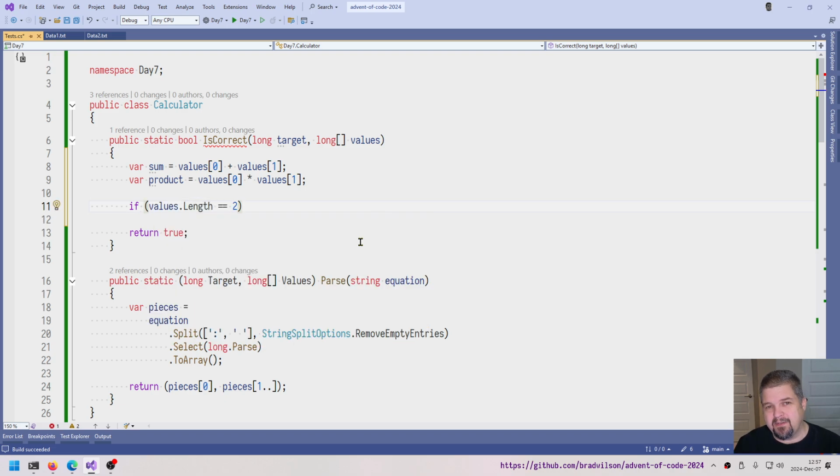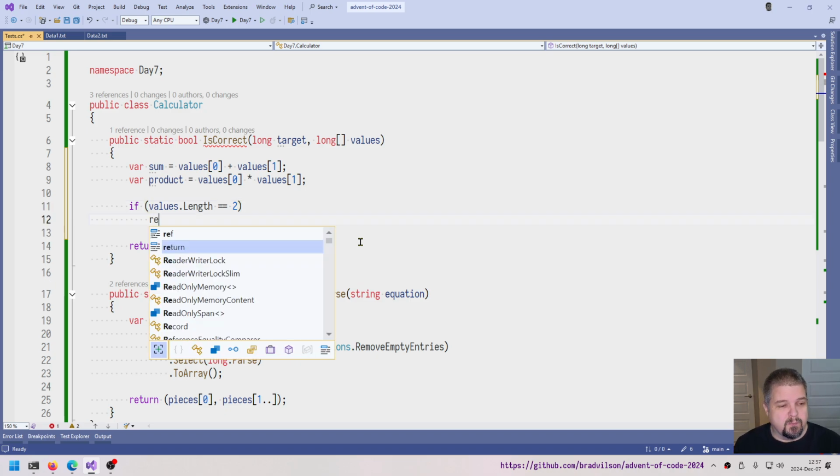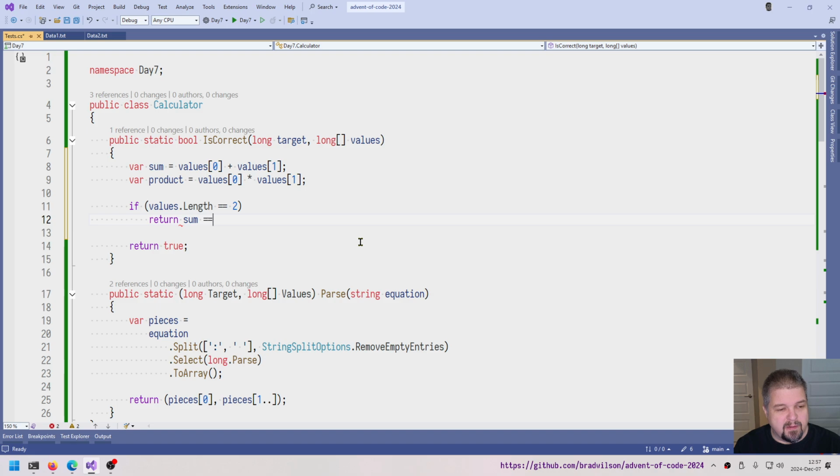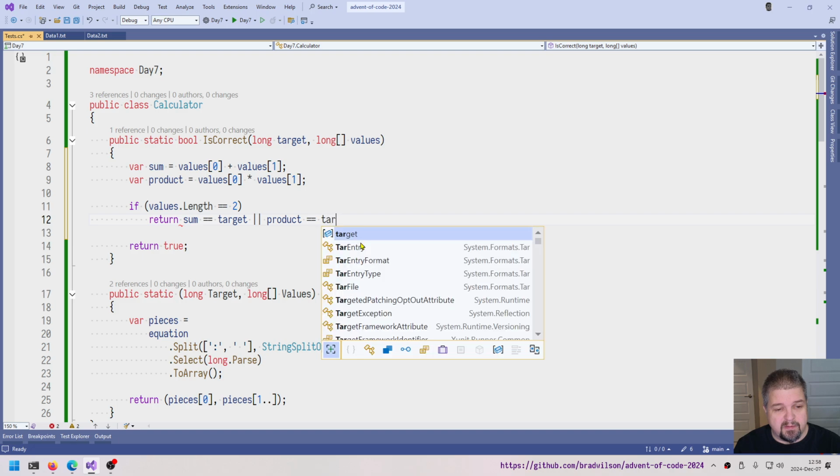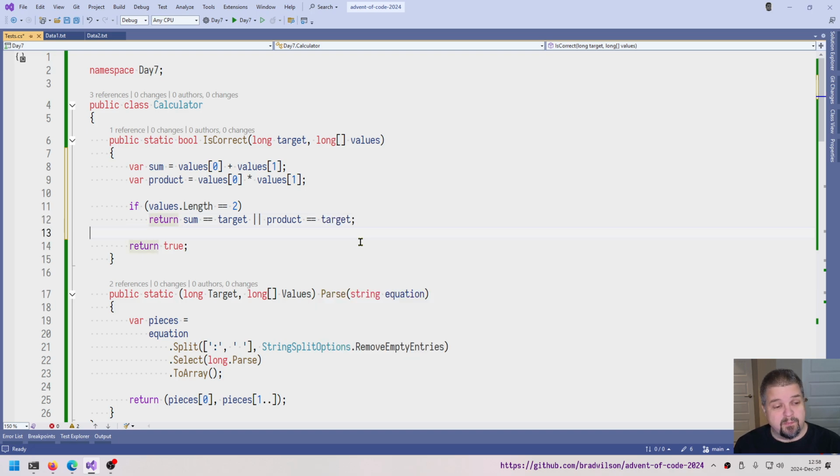We need an exit case for the exponential recursion that we're going to do. So if we only have two values, at the end of our calculation, we're going to return sum is equal to target or product is equal to the target. One of those two has to be true. And if that's not true, then that's how we escape out of this.